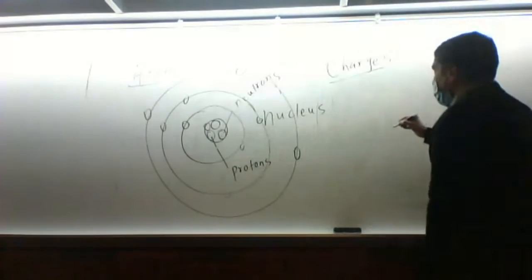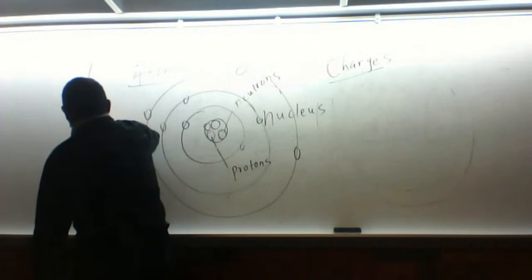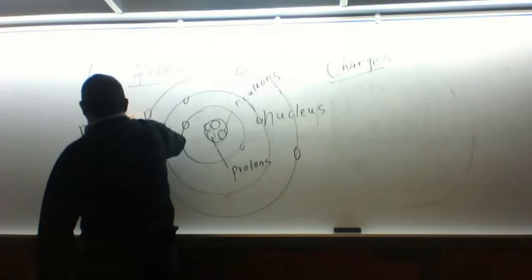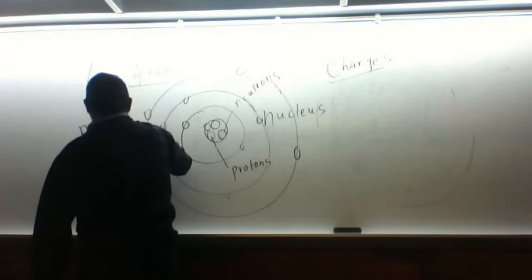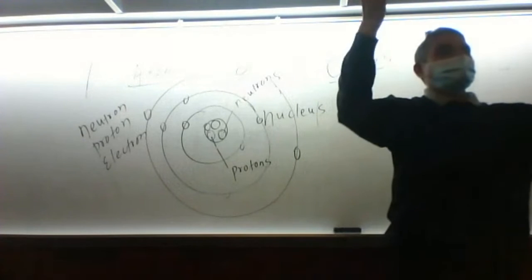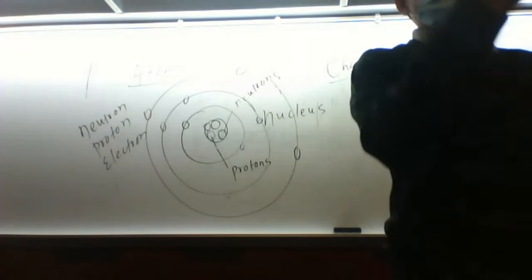First of all, let's talk about the subatomic particles. Neutron, proton, and electron. So these three things are called subatomic particles, meaning that the atom is made up of three tiny particles.